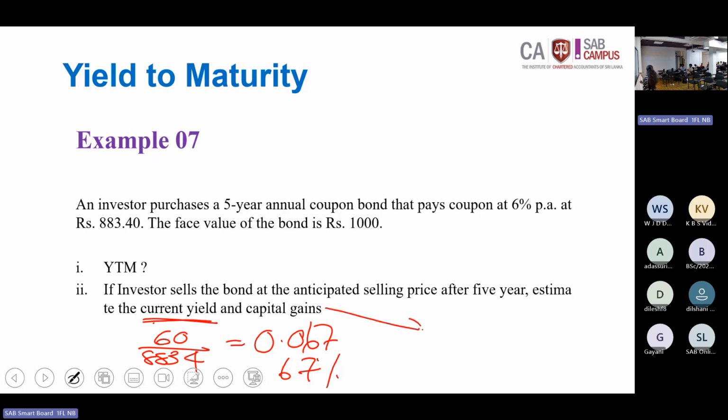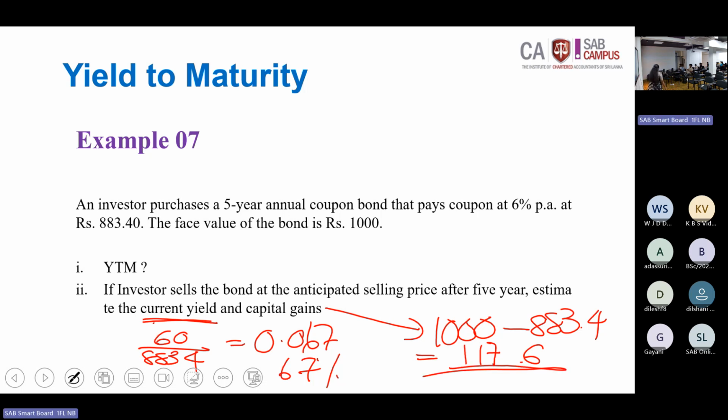Right. Capital gain. How can you calculate the capital gain? At the end of the maturity period, we are getting 1,000, but we purchased it for 883.4. That equals 116.6, roughly 117.6 as the capital gain.